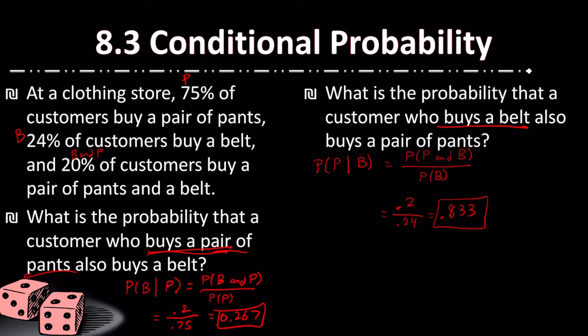More likely to get a pair of pants if you buy a belt than if you get a pair of pants and then buy the belt. Why don't you pause this and try number 9. The answer to the first part should be 0.535. The answer to the second part should be 0.479.